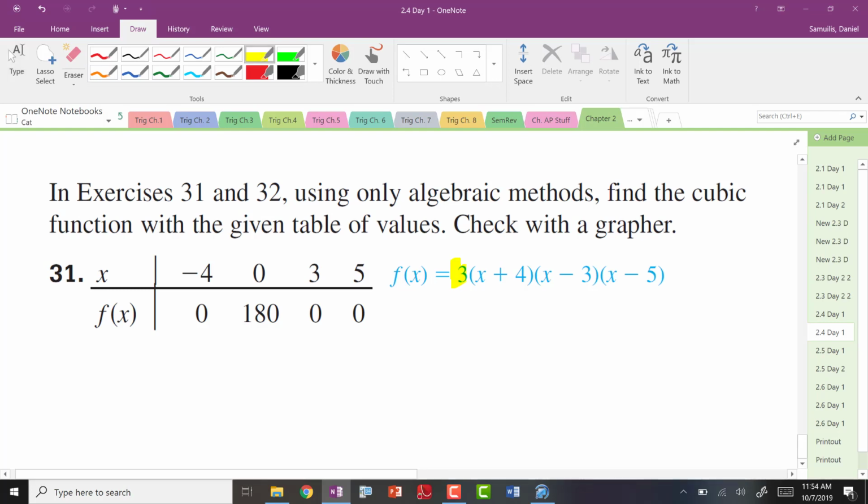Oh, and I shouldn't assume anything. What is negative 4 comma 0 called? A 0 or an x-intercept, which turned into factors. Factor, a factor, a factor. Now, this does not have to be this point, but what is that point for the polynomial? It is a y-intercept. This could be any arbitrary other coordinate.